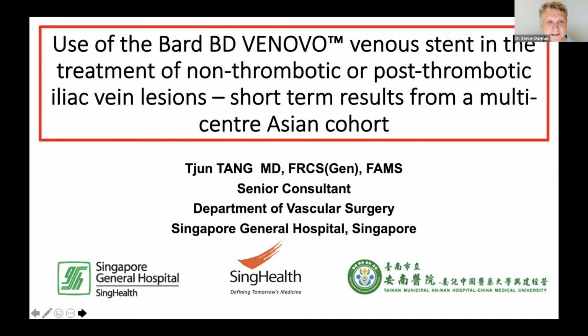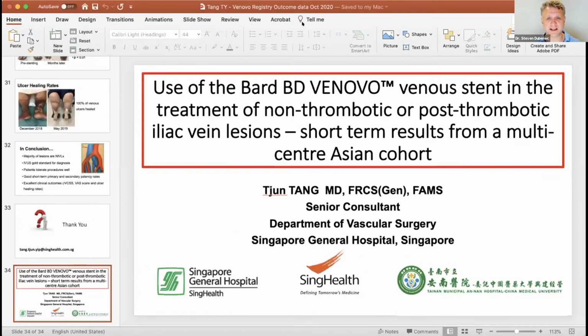That's fantastic, Tjun. Thank you so much. It actually fitted in really well. We had a hematologist who was going to talk about antiplatelets versus anticoagulation. I think it's fairly easy to treat the patients who are acutely thrombosed and you've lysed and then stented.